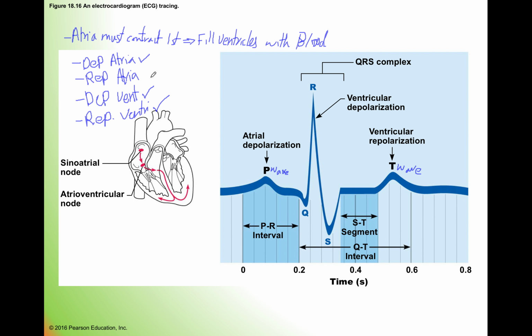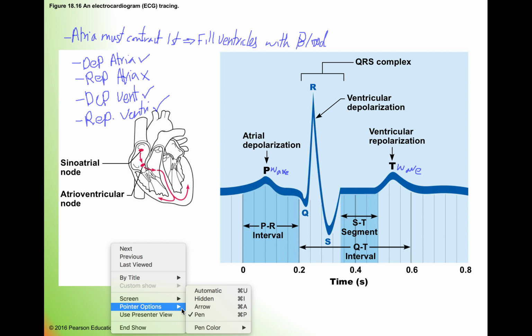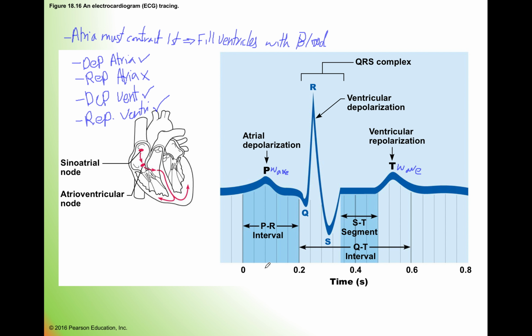Notice that we are missing the repolarization of the atria. The reason is not that your atria do not repolarize. That's a wrong assumption. They do repolarize, but that repolarization happens during this part, which means atrial repolarization is overshadowed by what?